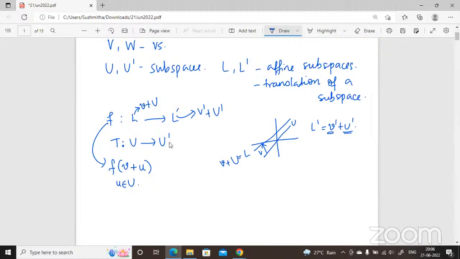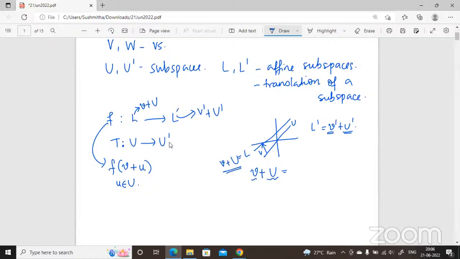Ma'am, how have you written this step? Can you explain it once again, please? So L is V plus U. You translate U by the vector V to get L. Is this clear? Yes, ma'am. What is the meaning of this? U is a subspace, V is a vector. How can you add a vector to a subspace?